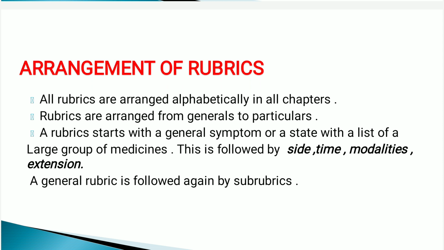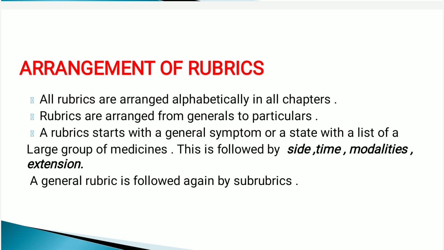So in this way, in the last session we learned about the arrangement of sections in the repertory, as well as the arrangement of rubrics and subrubrics in Kent's repertory.